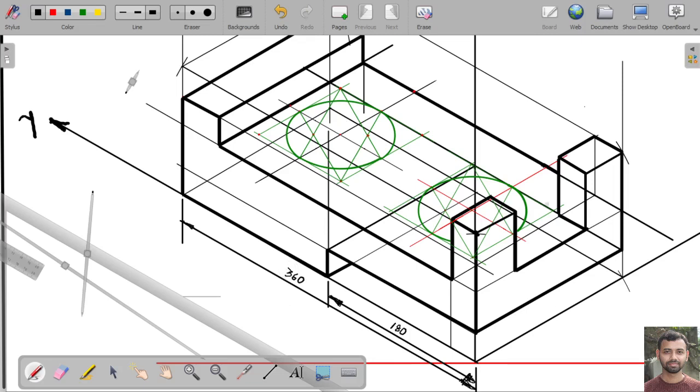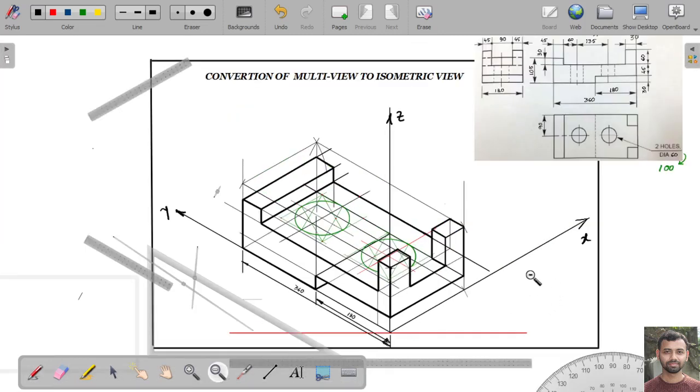Okay, next dimension is from this point to this point. So from this point to this point, it is 180 mm. From this point to this point, it is 180 mm.